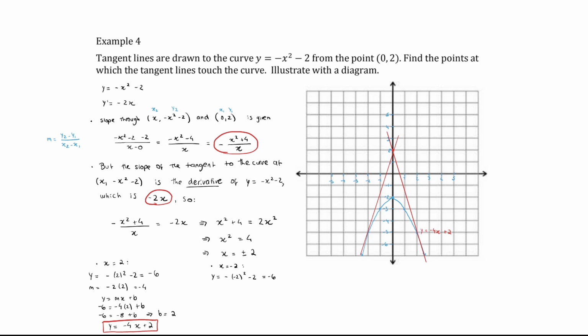However, the slope is now, of course, going to be positive, right? We are going to have negative 2 times negative 2, which is equal to 4, okay? So here the slope is going to be equal to 4.